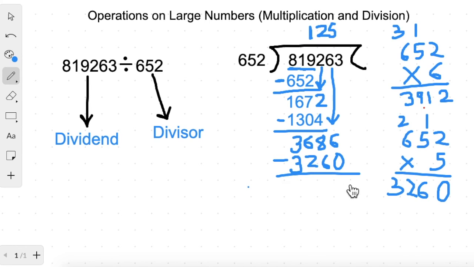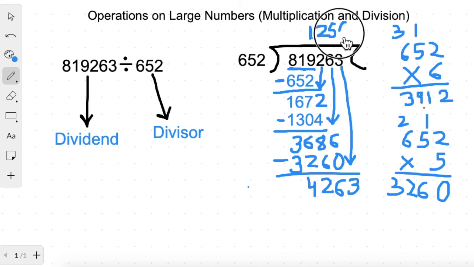After this step, the remainder is 6. 8 minus 6, 2. 6 minus 2, 4. Now I can bring 3 down. That is the only number which is left up. Now, can you find, children, how many times 652 will be there in this number? It will be 6 times.